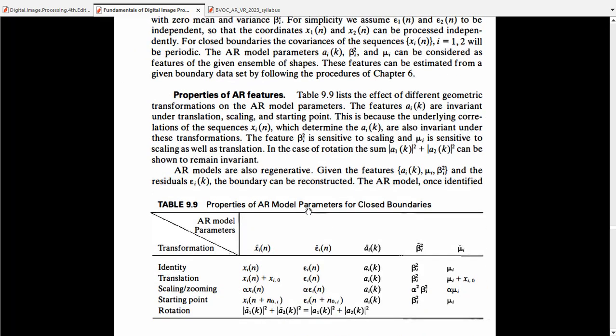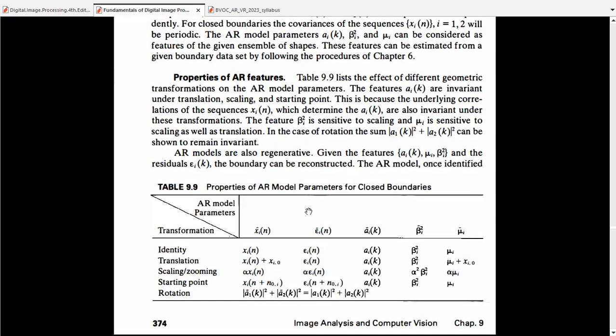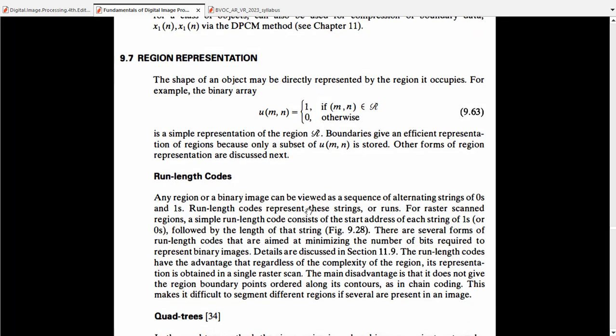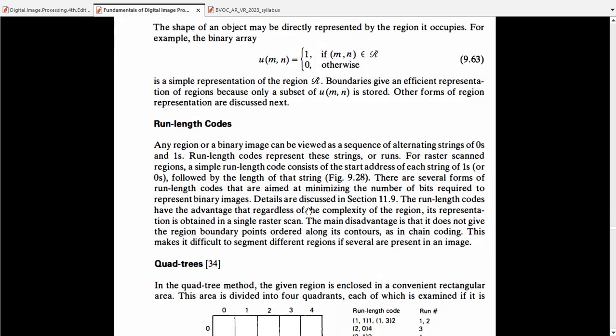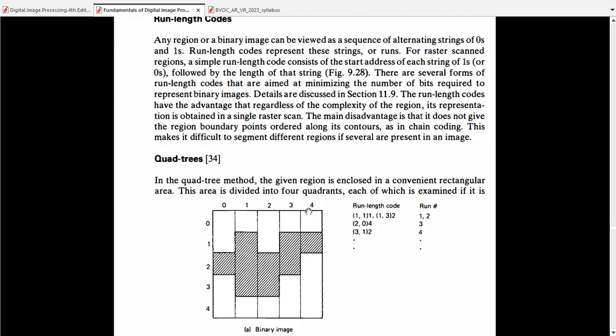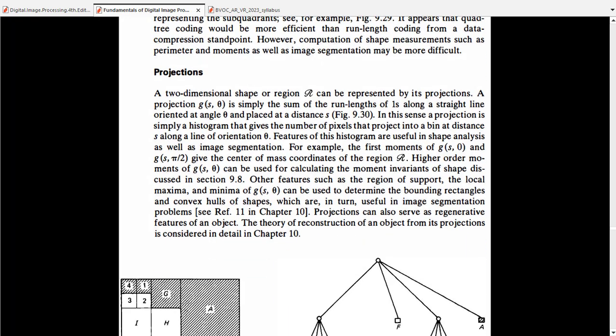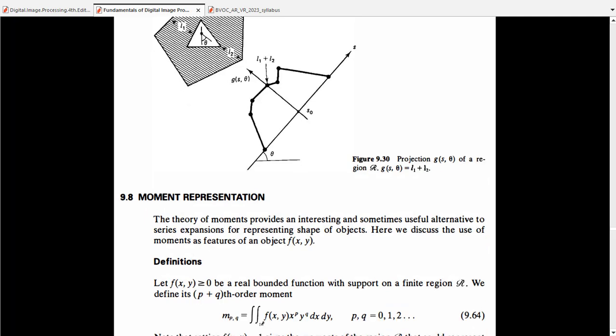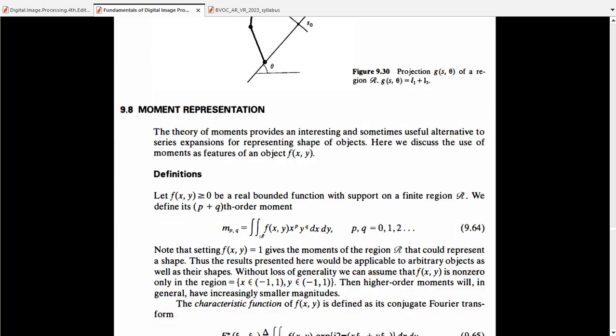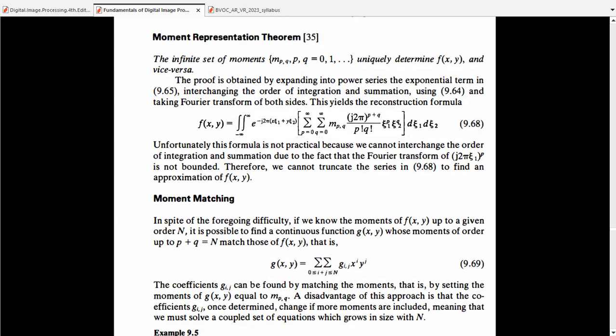So here we say there are types of boundaries. The type of transformation techniques also will come to analysis from this diagram. Region representation is also with the help of quadrant, projection, movement representation. This is an advanced topic about this particular edge detection method.